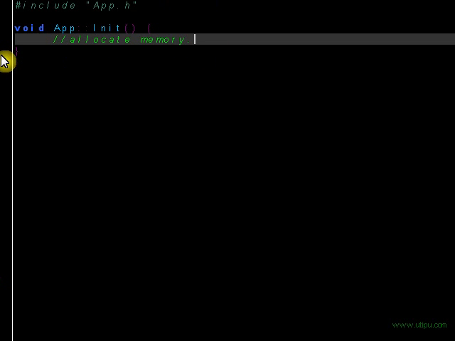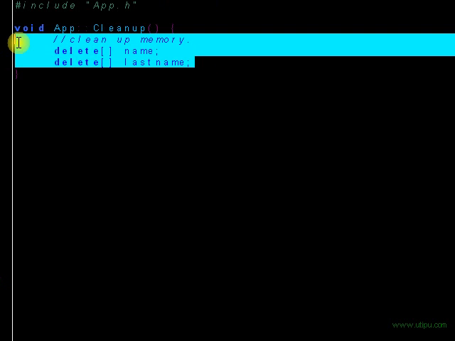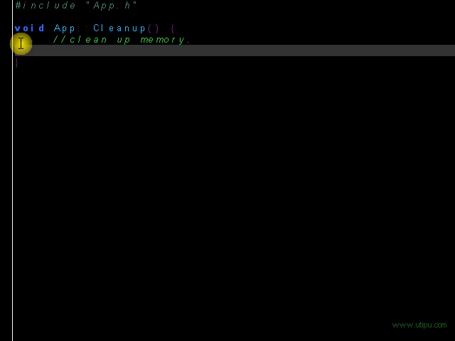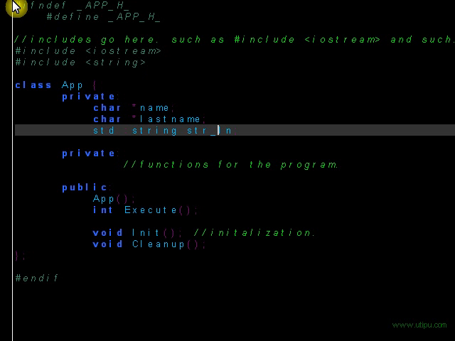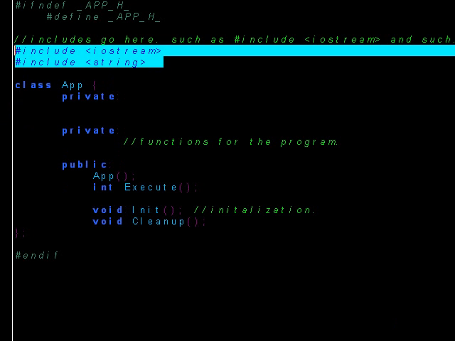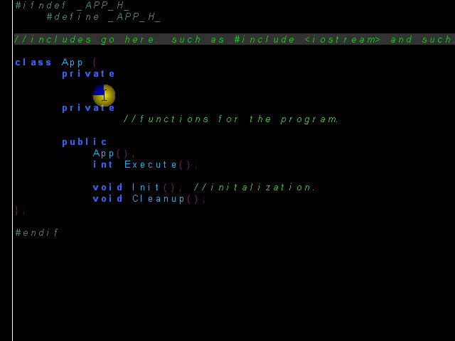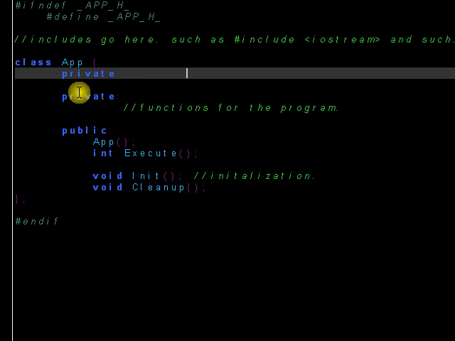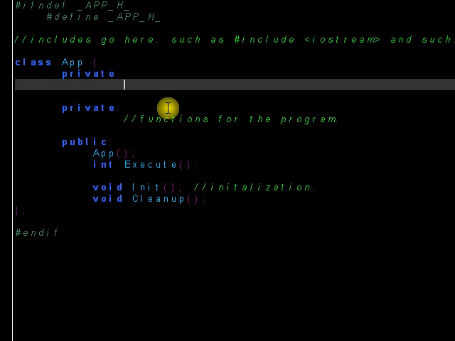by getting rid of this. Clean this up by getting rid of these. Go to app.h, remove all this. Remove the headers. You can put private variables.